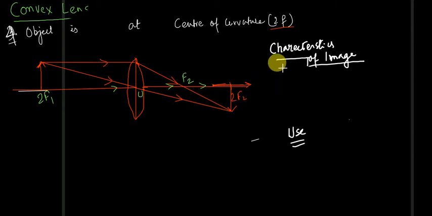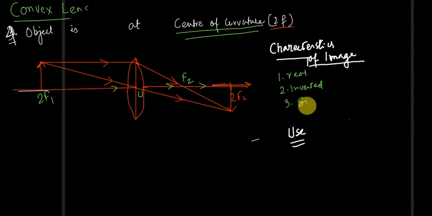Here also, the characteristics of the image: number 1, it will be real; number 2, inverted; number 3, if you see the size, this size and this size are the same, so there is no change in size when you have the object at the center of curvature.